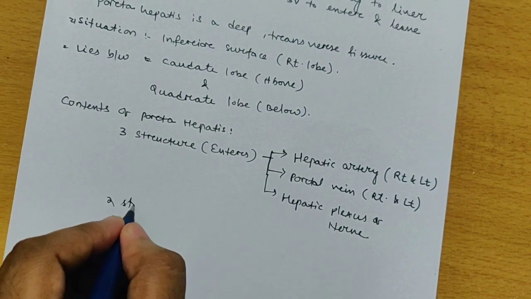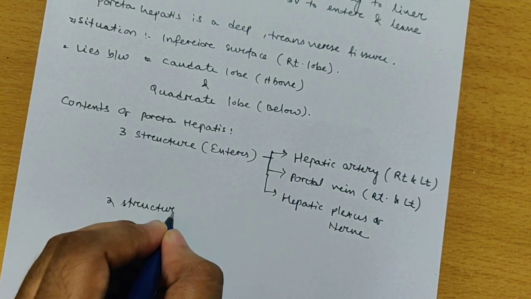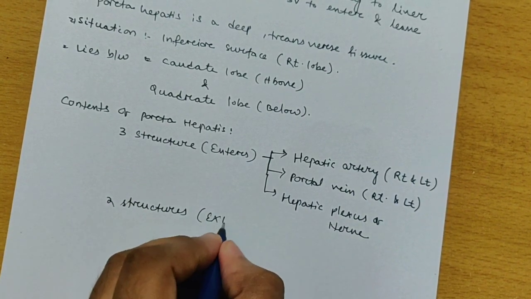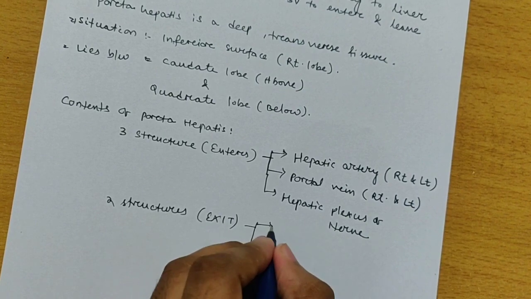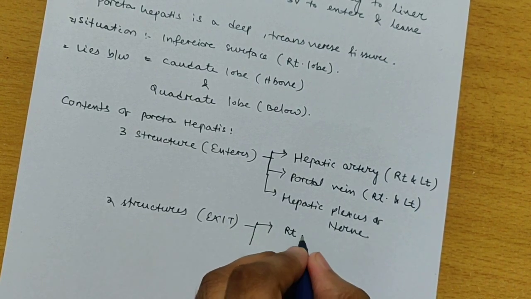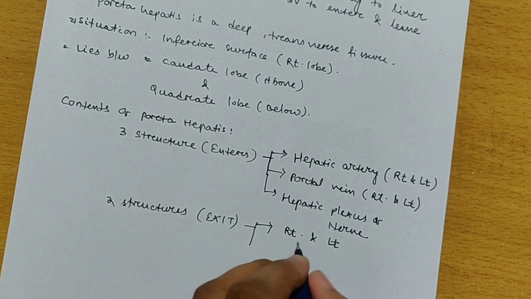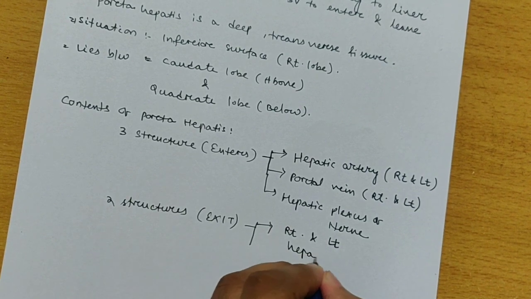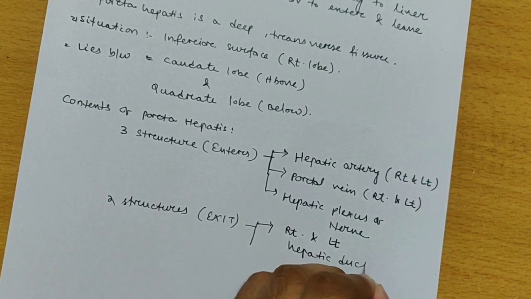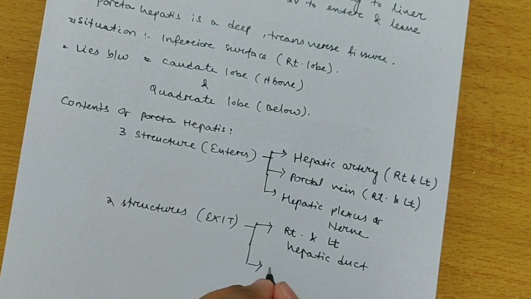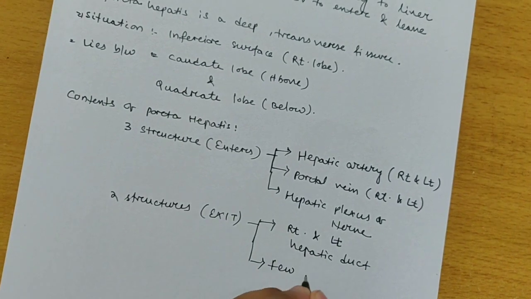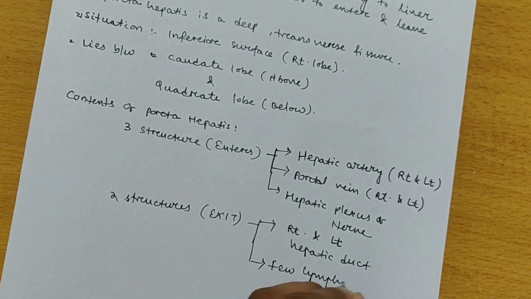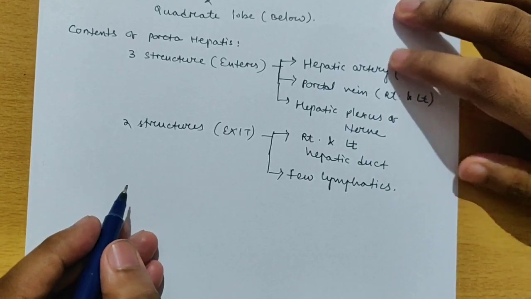And two structures that exit the liver are the right and left hepatic duct and a few lymphatics.